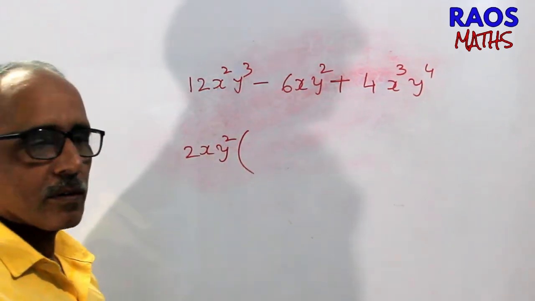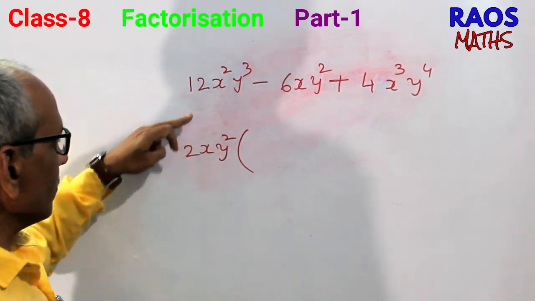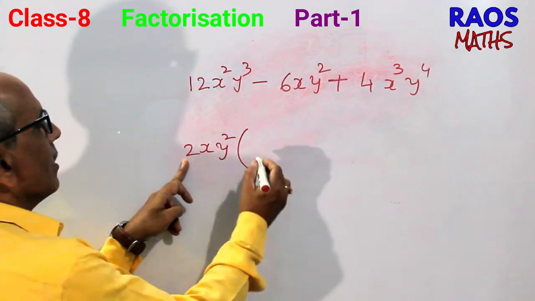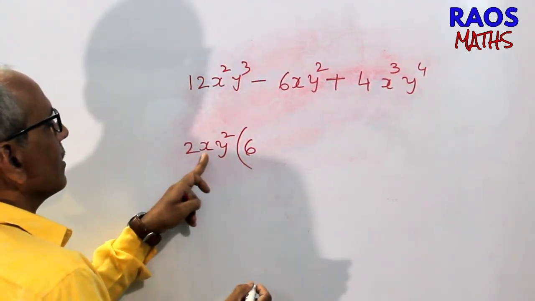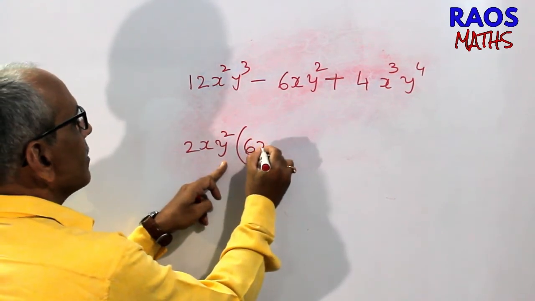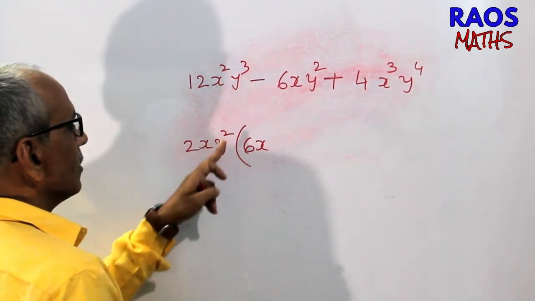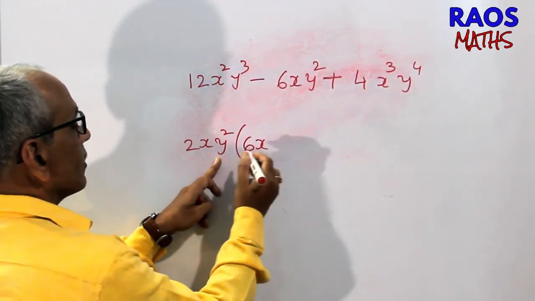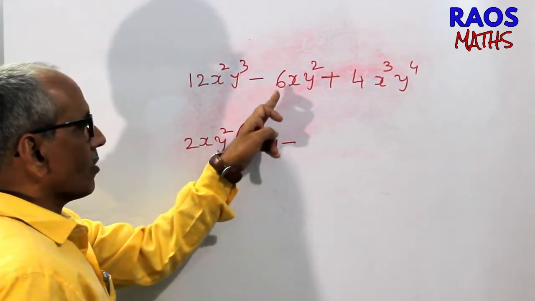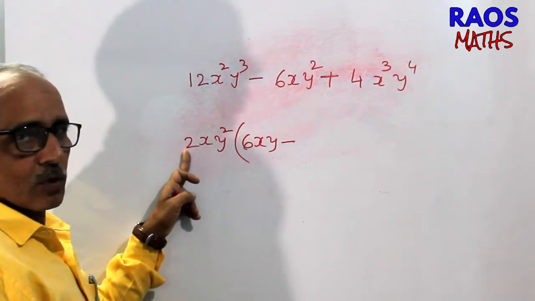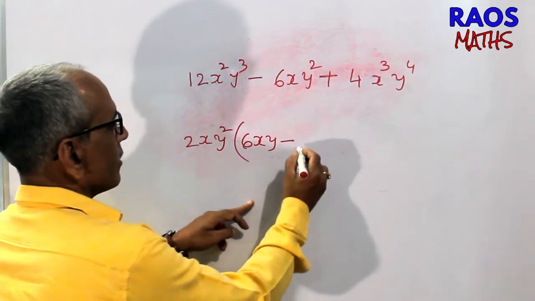Very simple. Now, out of 12, 2 is the common factor. Other factor 6. Out of 2 x's, 1 is outside, so 1 comes inside. Out of 3 y's, 2 outside, 1 inside. Minus. Out of 6, 2 is one of the factors, other factor 3 inside.